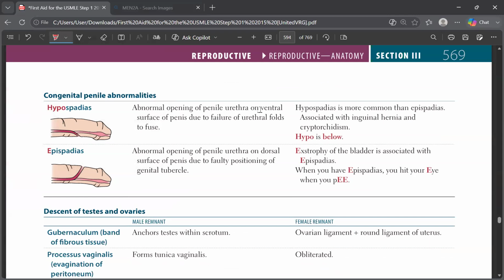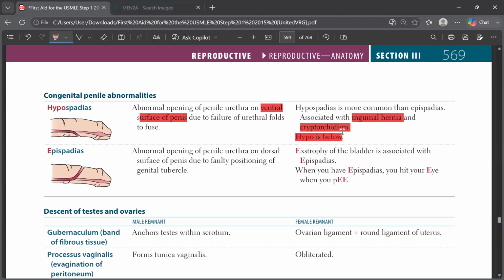The basic point to remember is that it's on the ventral surface; this is the ventral surface and this is the dorsal surface of the penis. It is more common than epispadias and is associated with inguinal hernia and cryptorchidism.